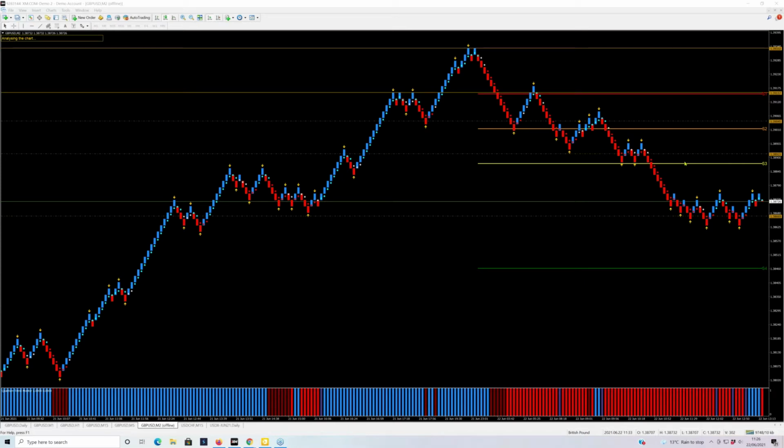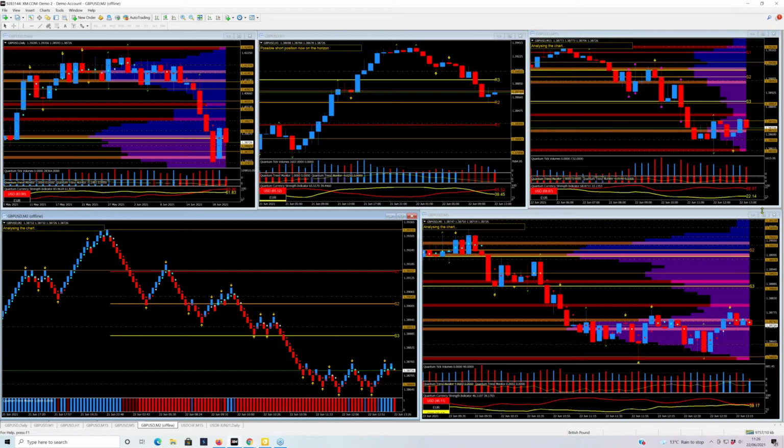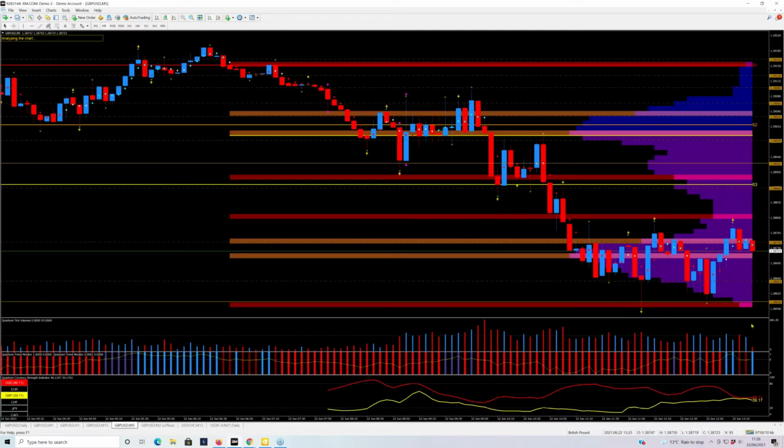And once you have an entry using a Renko, it can help to keep you in, because what Renko does is absorb any sort of volatility that you see in the price chart. When you compare it to the price chart, you're always going to get the wicks, the volatility, perhaps a trigger coming in.